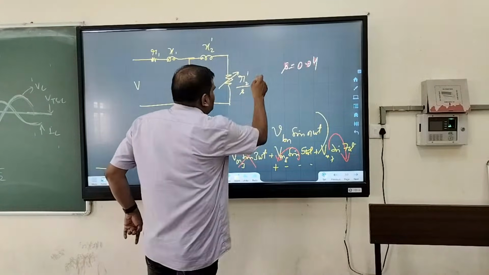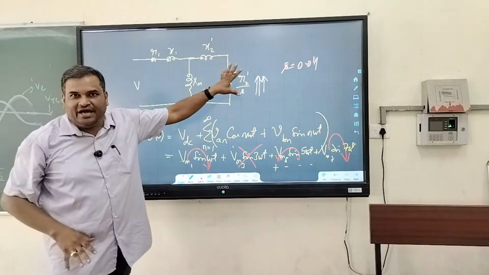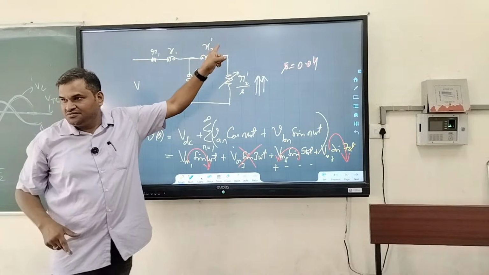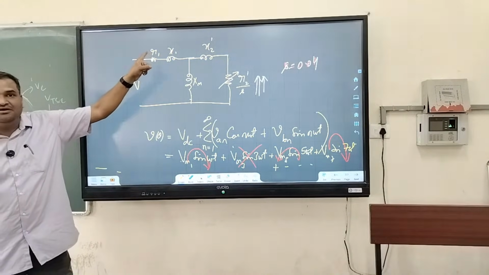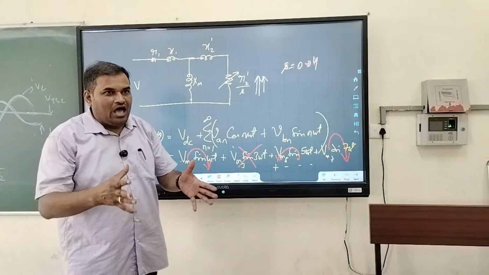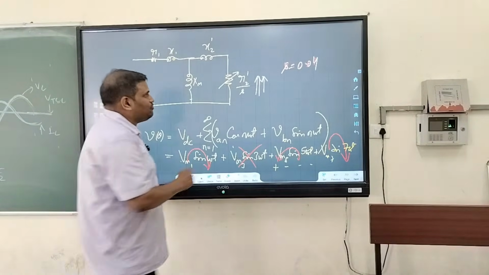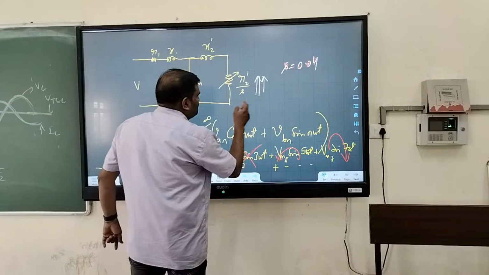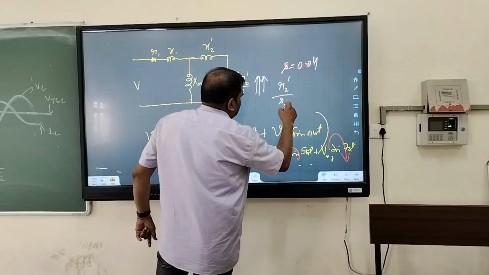If this is a decimal, this value is very, very high. So resistance is very high in front of the reactance. If it is a resistive load, your power factor will be good; if the resistance is low, the power factor will be bad. How will it become bad? Now instead of that, if I say the new resistance is R2 dash by S5.